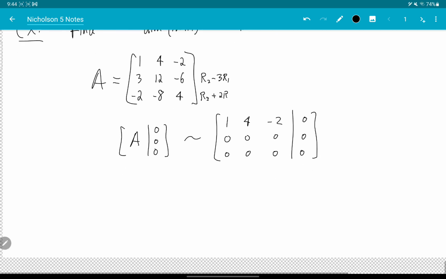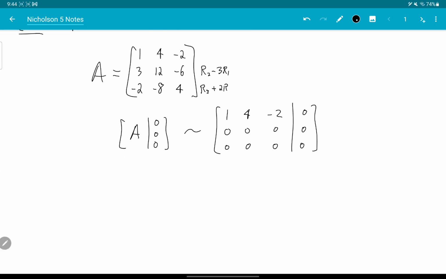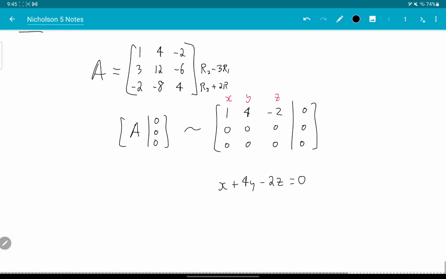Now, what does this say? Well, I have some variables I need to choose, so I'll go x, y, and z. So I get x plus 4y minus 2z is equal to 0.